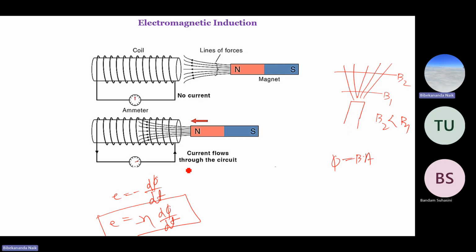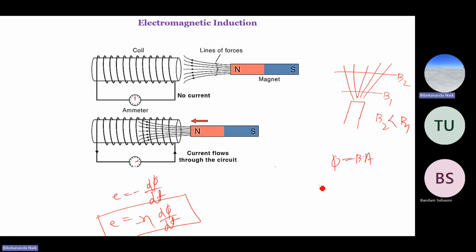So, what does Lenz's law state? The direction of the magnetic field which is already present here, and the direction of the magnetic field which results from the current flowing in the coil, will be opposite to each other, or it will oppose the change in magnetic field.